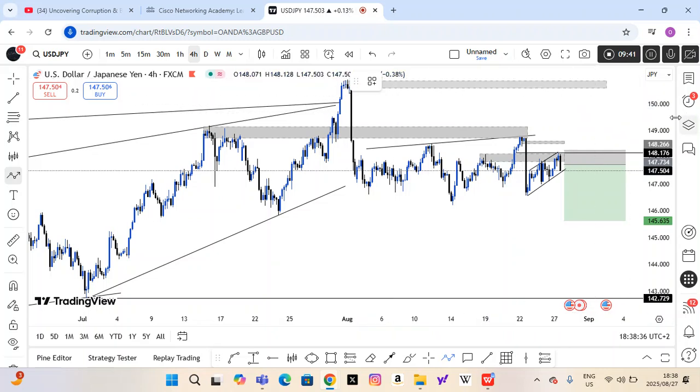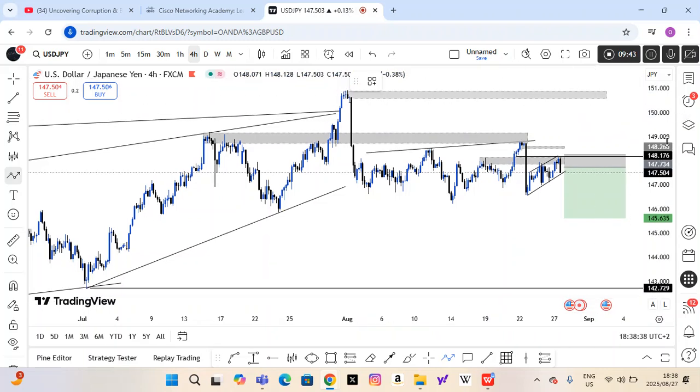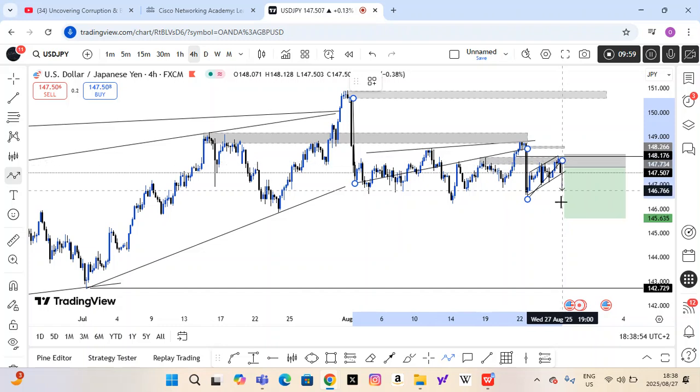So now I'm starting. I have to first start by identifying which phase I'm in. You understand? So I can see that this was an impulse, and this is a correction. You can see, and this is an impulse. This is a correction. And now I'm looking for what? Impulse, actually continuation.